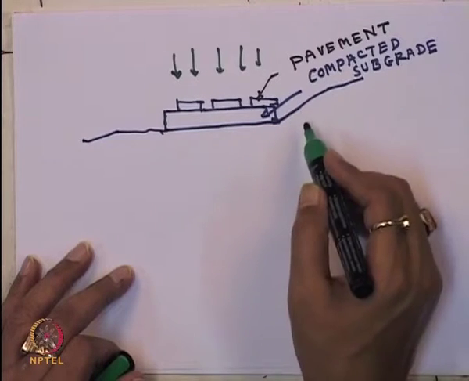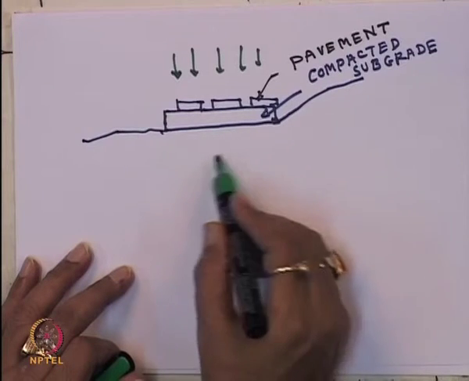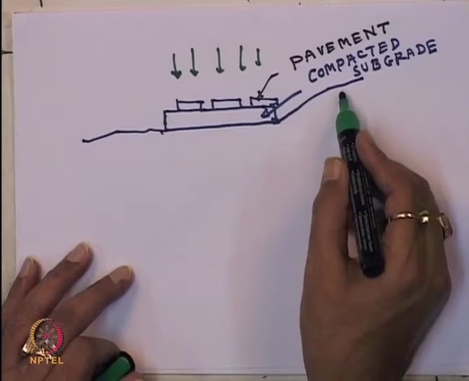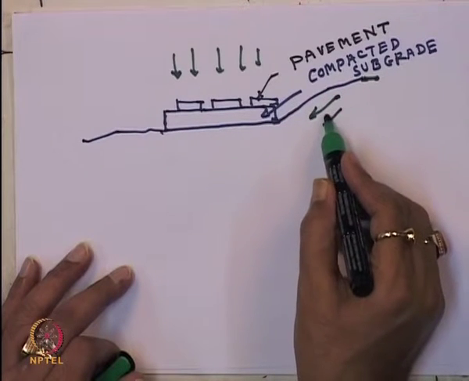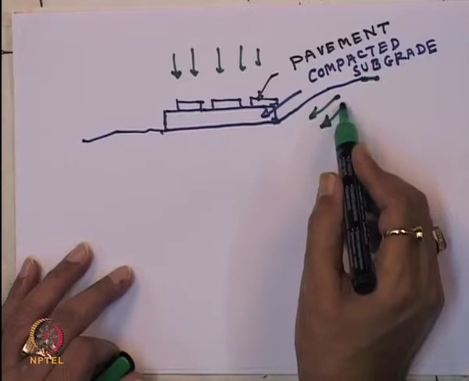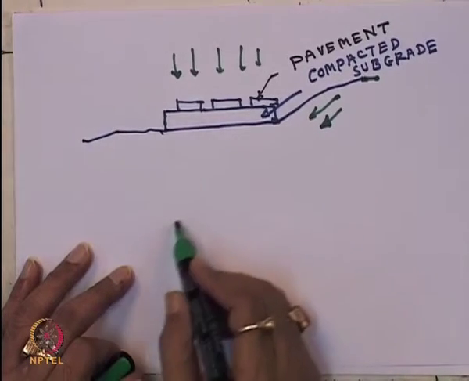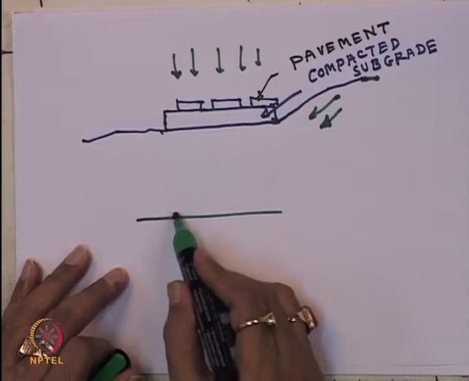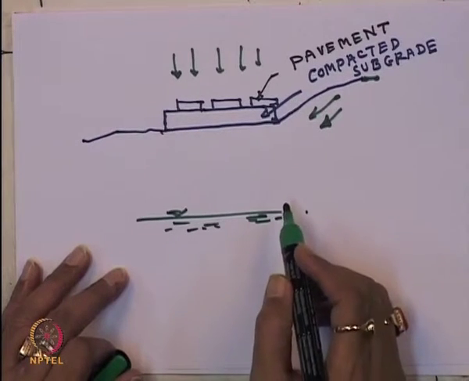Sometimes there is also seepage from the high groundwater. There is a vapor movement, if there is any water table, from the water table.